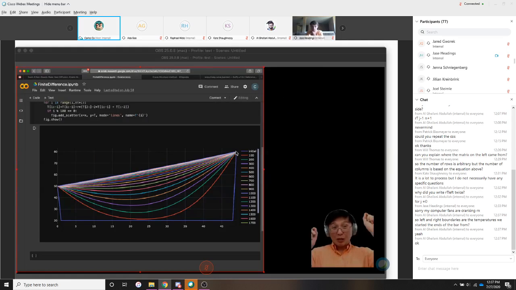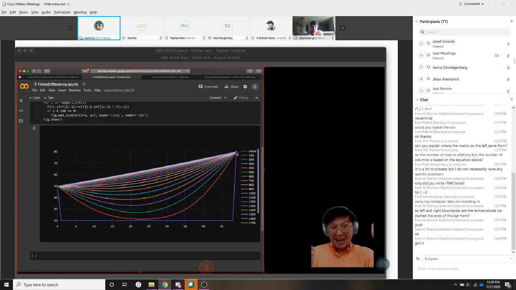Oh, 80. They're always 50 and 80, right? So you know what those are. And so there's no solving for the temperature at the boundary beyond the first or last value, because you know what they are. You set them. Okay?